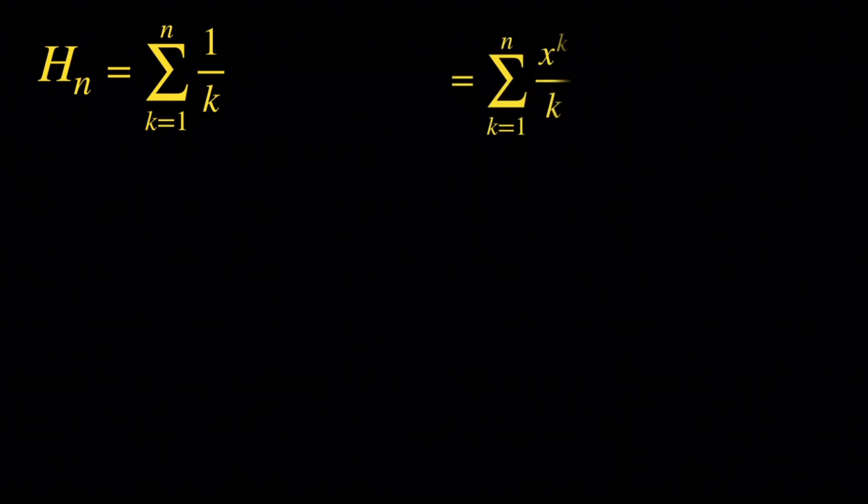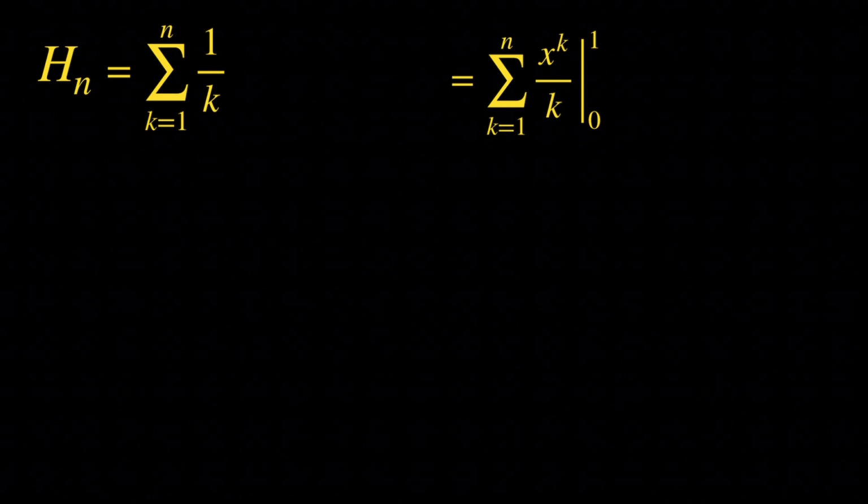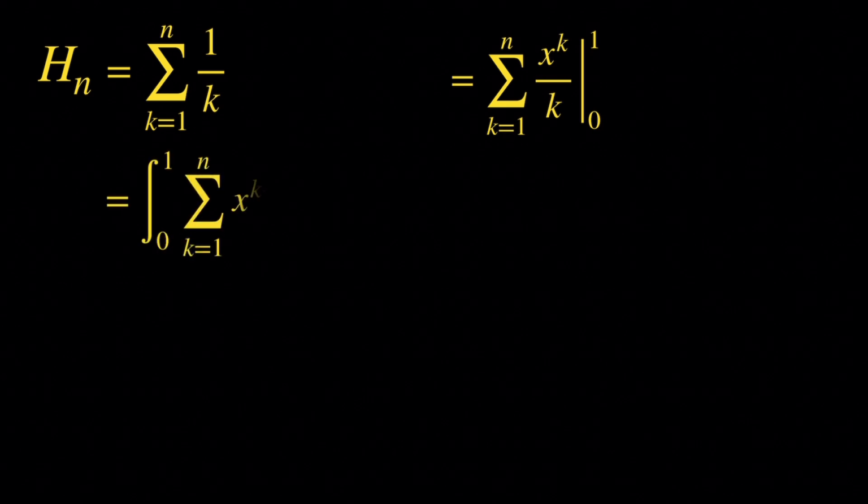But we can rewrite 1 over k as x to the k by k evaluated from 0 to 1, which in turn can be written as an integral. Okay, so we can rewrite this as the integral from 0 to 1 of the sum as k goes from 1 to n of x to the k minus 1 dx.